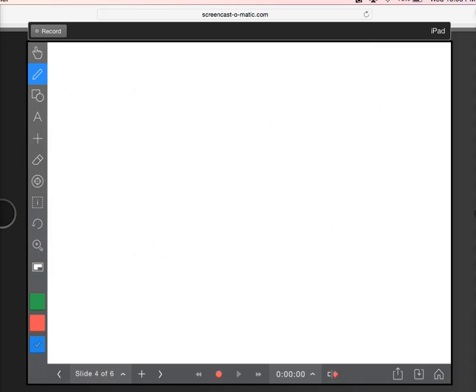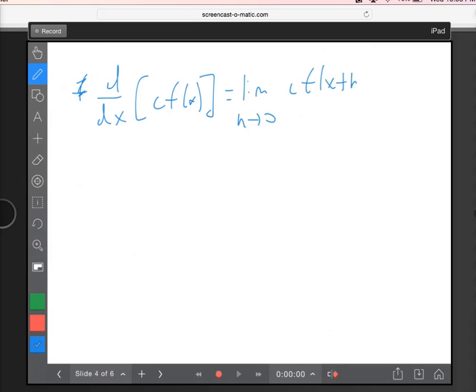So now using those 2 points, we can calculate our derivative. The derivative of constant times f of x will be equal to the limit as h approaches 0 of c times f of x plus h minus c times f of x all over h.